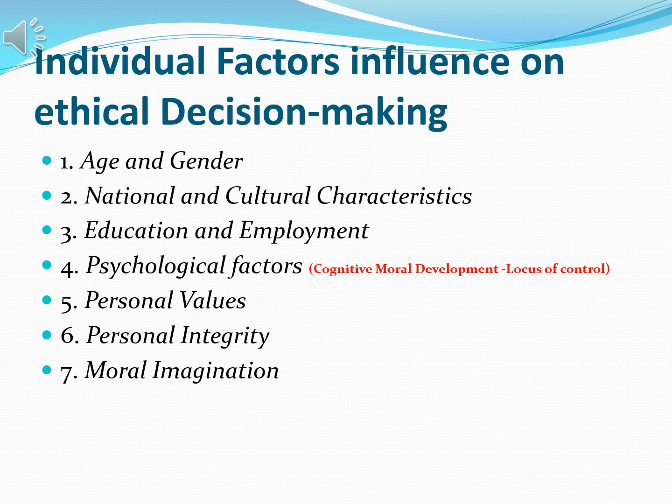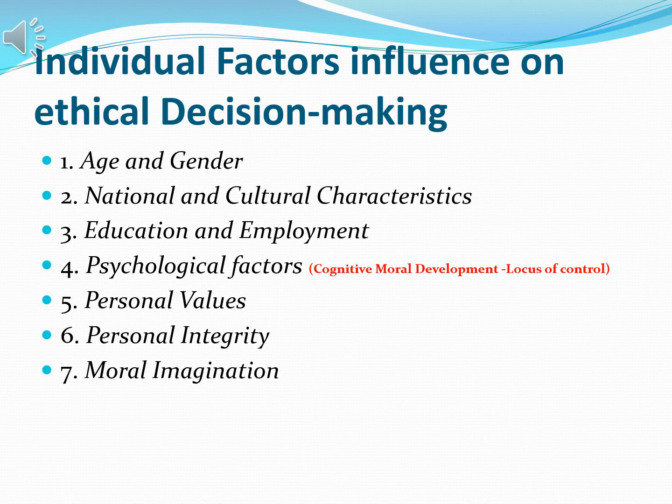Individual factors influencing ethical decisions could be age and gender, national and cultural characteristics, education and employment, psychological factors like cognitive moral development and locus of control, personal values, personal integrity and moral imagination.